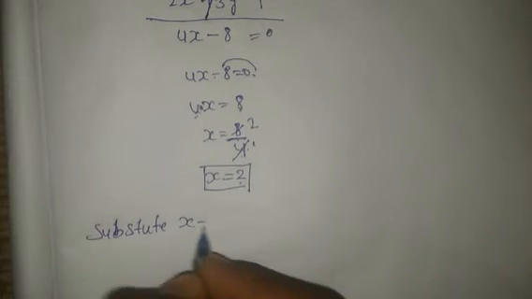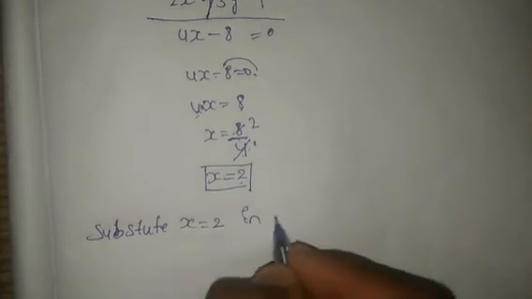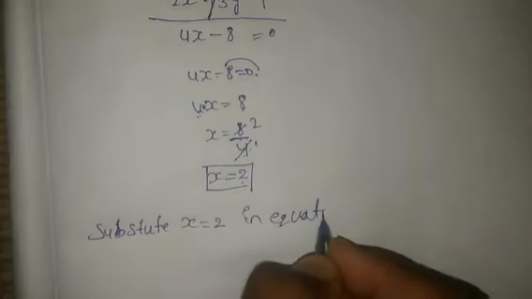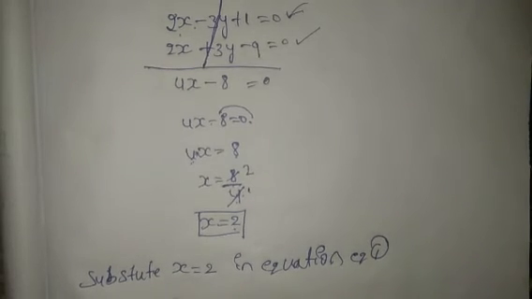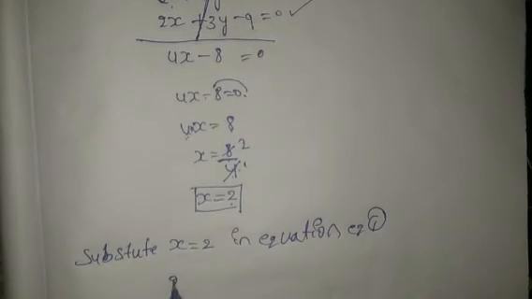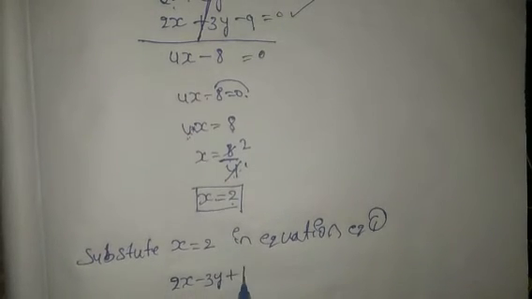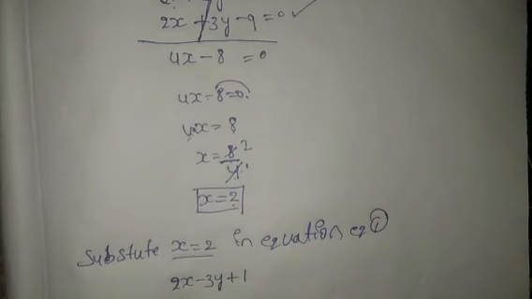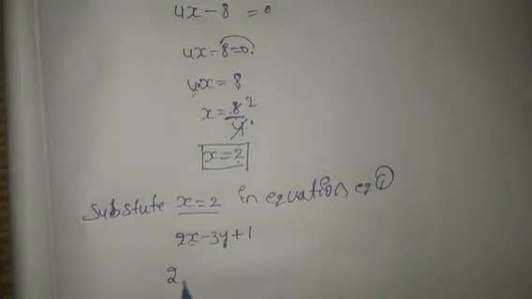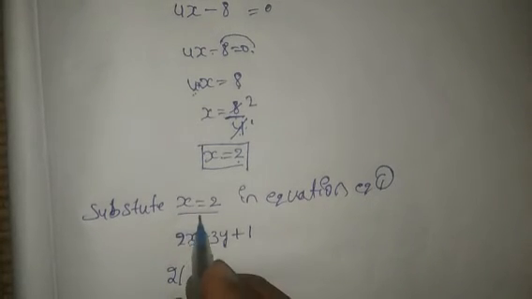Substitute x equals 2 in equation 1. So we know that equation 1 is 2x minus 3y plus 1. So in the x place we put the x value, that is 2.